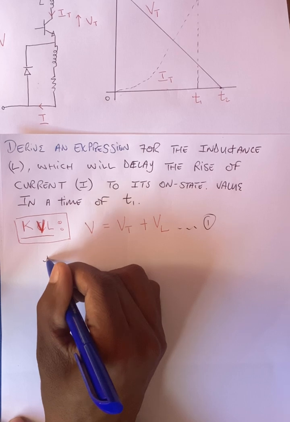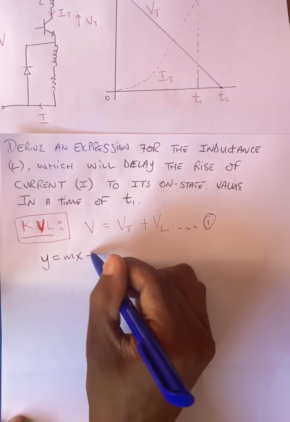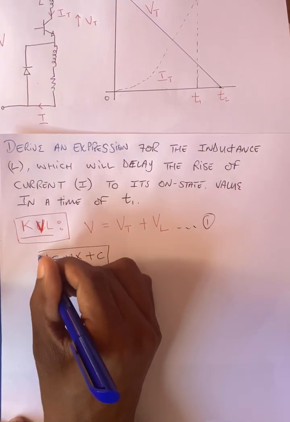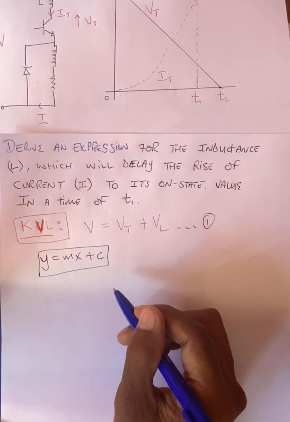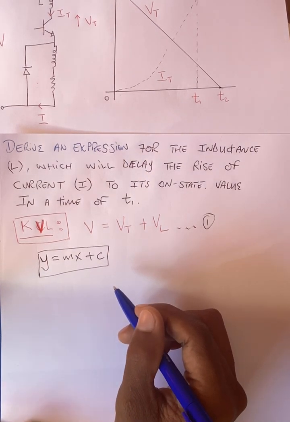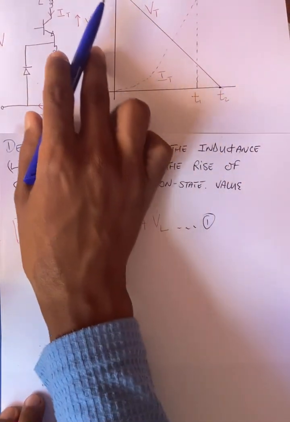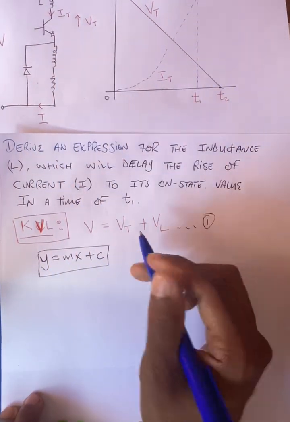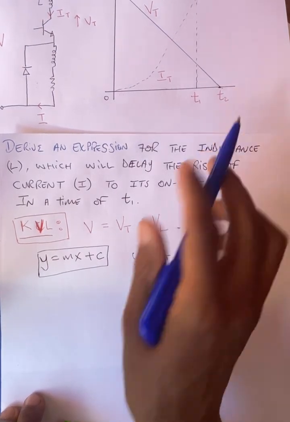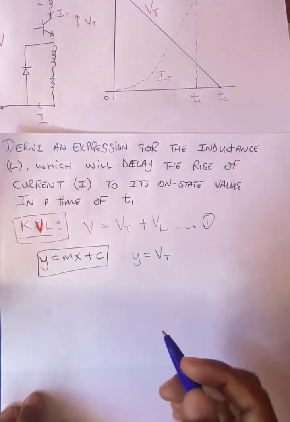We are going to say y equals mx plus c. This is where we are going to work from, because remember, this is a derivation, simply meaning we need to give a step-by-step proof. So y describes this function. Y is equal to VT in this context of the graph.